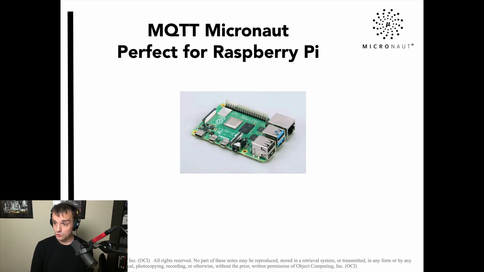I could be running those applications on a Raspberry device, no problem. And the Mosquitto MQTT broker runs fine on a Raspberry Pi. So if after this webinar you are inspired to play a bit with MQTT and your Raspberry device, please do, because that's a perfect environment to do that.